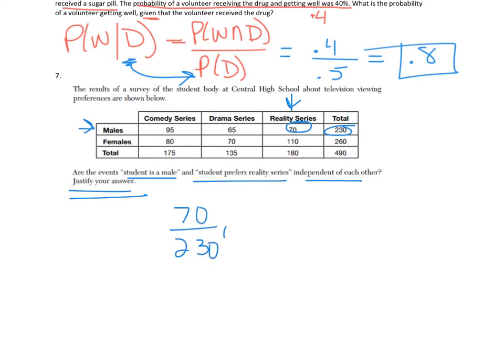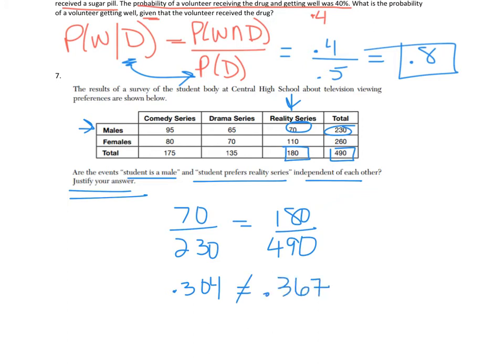And I could do like 110 over 260 if I want, but I usually like to just do the total. That's what I like to prefer. So 180 out of 490. So I'm going to divide those to get my decimals. You have to do that to see if they're exact. And what happened with this problem is I found out that these were not exact, so therefore these events are dependent, not independent, you could also say.